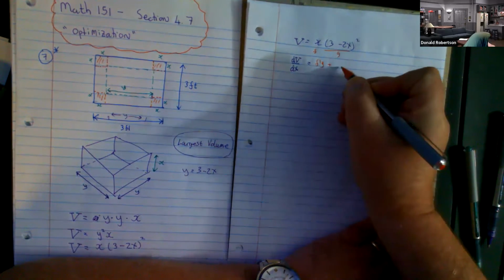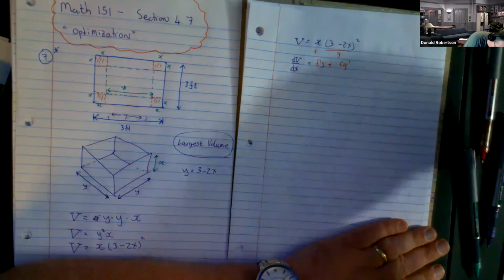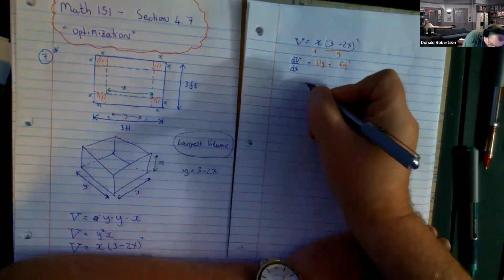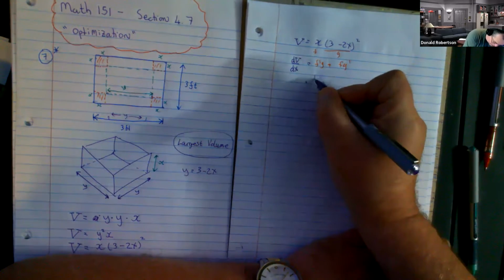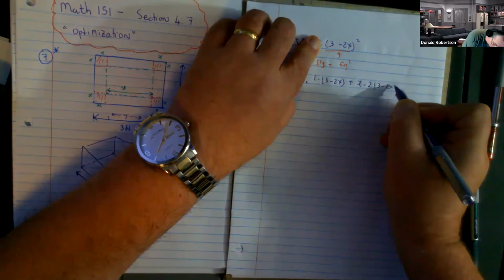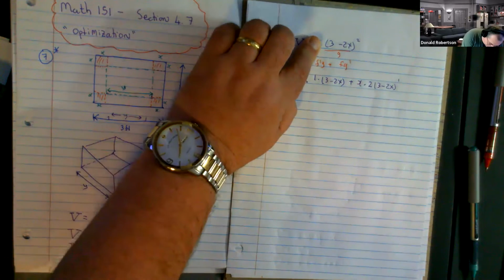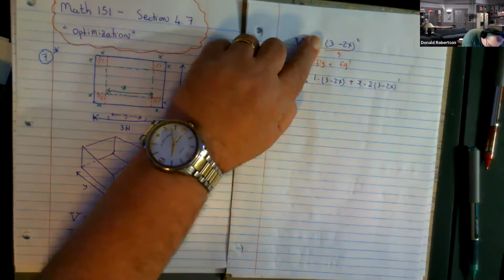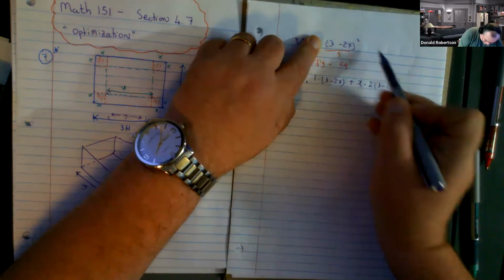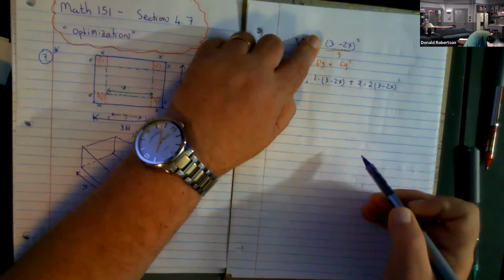So it's 1 times (3 take away 2x) plus x times... Now, if you differentiate this, it is 2 lots of (3 minus 2x) to the power of 1, but it's also a chain rule. So it's not just this, it also has that inside function, so you get times an extra -2.